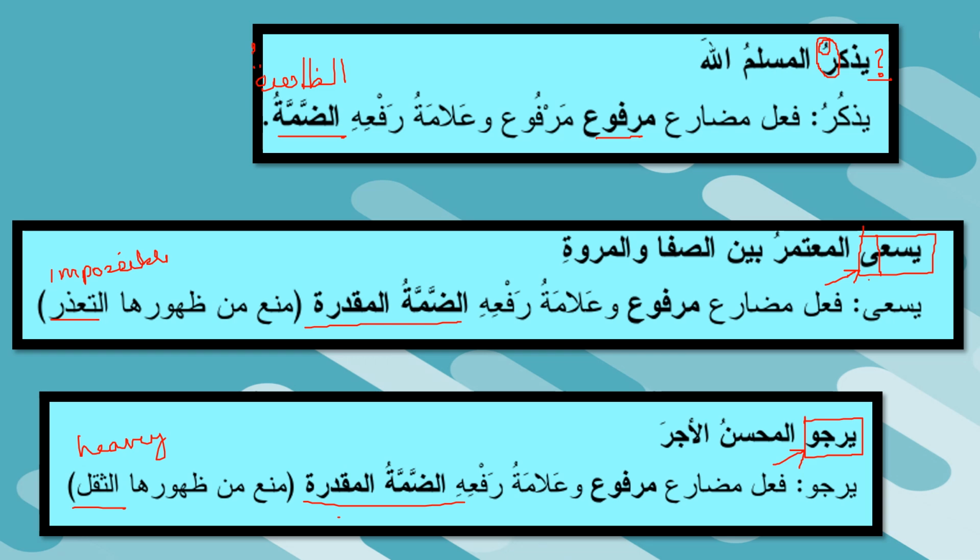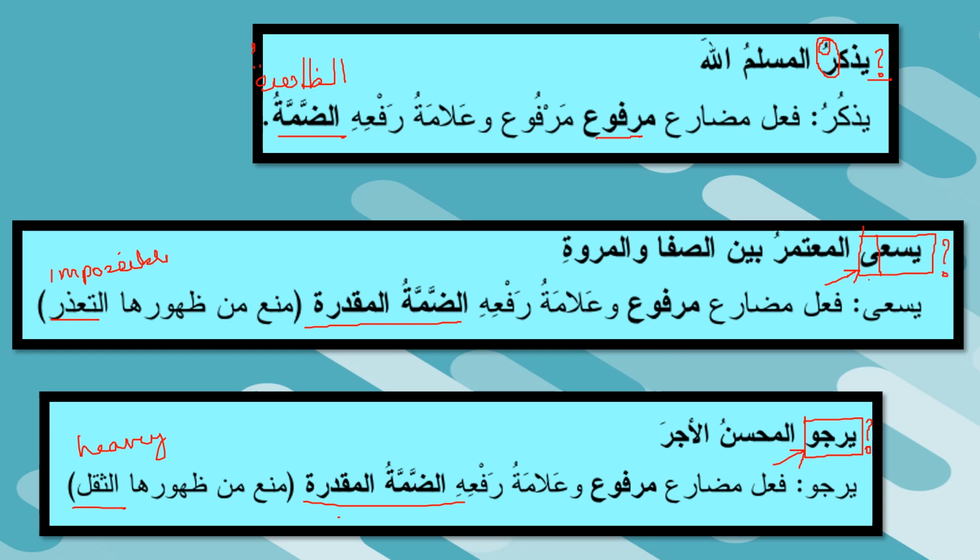I'm talking about tools. If you remember, I spoke about the tool of nasb and tool of jazm when I started the video. So we have a lot of tool of nasb and tool of jazm, and we will study that later. So if you don't find any particle, any tool here before the fail mudare, in all these cases we don't find any tool of nasb or tool of jazm.